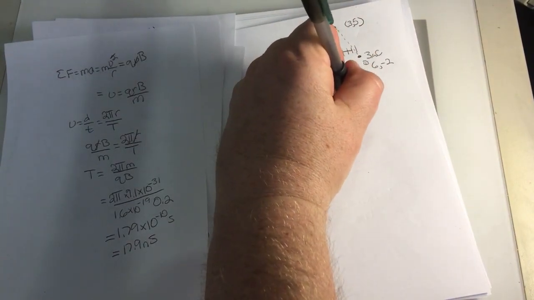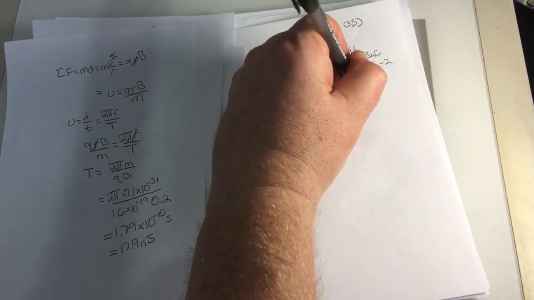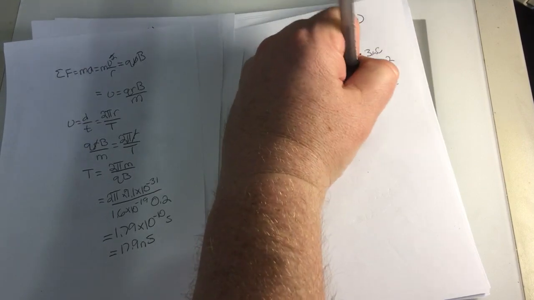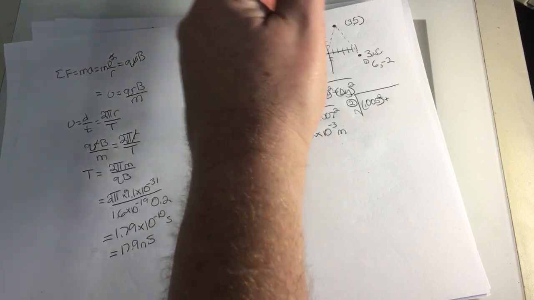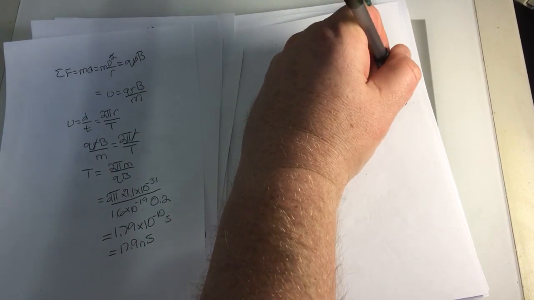For number 2, the change in x went from -2 to +3, or 0.005 meters. The change in y went from -4 to 5, so 0.009 squared.